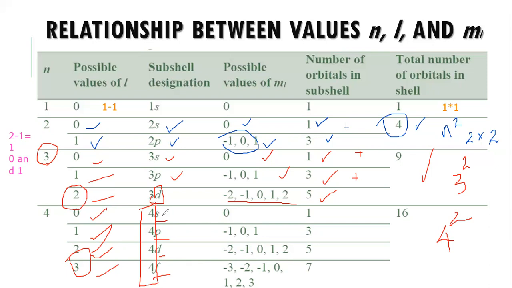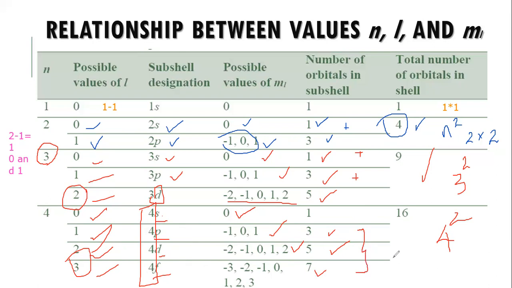And if it is s, the m value is always 0. If it is p, you get minus l to plus l, that means minus 1 to plus 1, including 0, so you end up with 3. For d, minus 2 to plus 2, including 0, you end up with 5. If it is f, minus 3 to plus 3, you end up with 7.